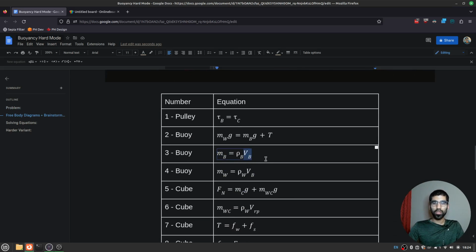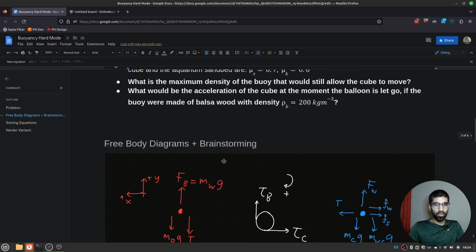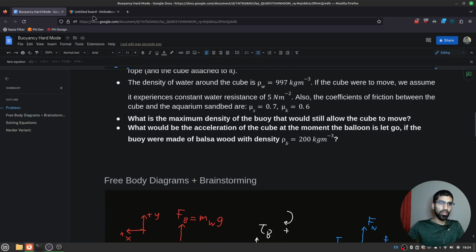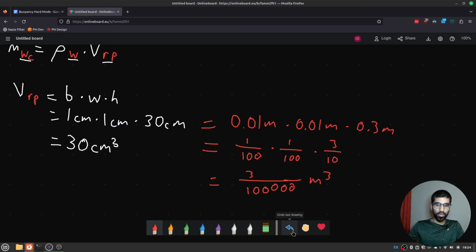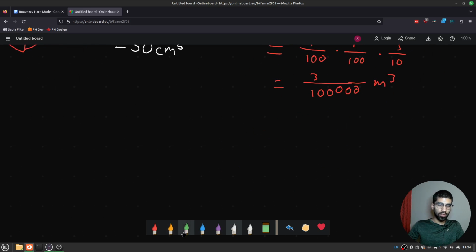We do have to convert the volume of the buoy to figure it out though. So the volume of the buoy is given again in cubic centimeters, so we'll use a similar process to converting into cubic meters. For example, it says it's 1,000 cubic centimeters. You can imagine this is like 10 times 10 times 10. Let me write that nicely: 10 centimeters times 10 centimeters times 10 centimeters.